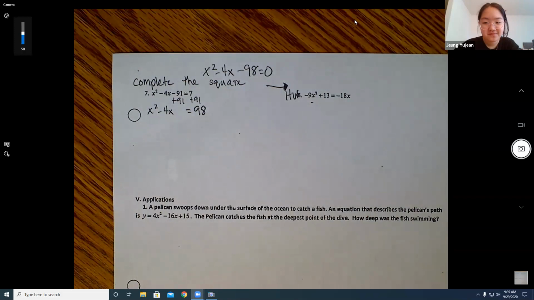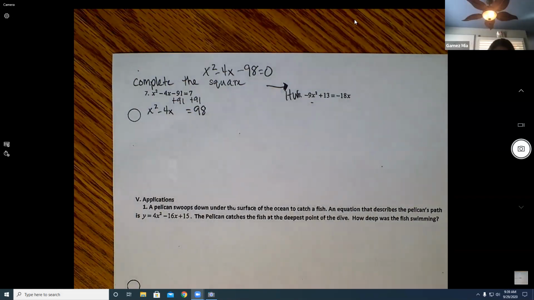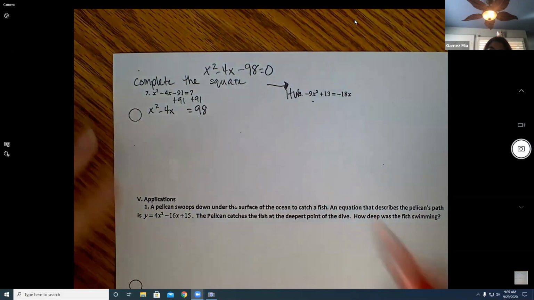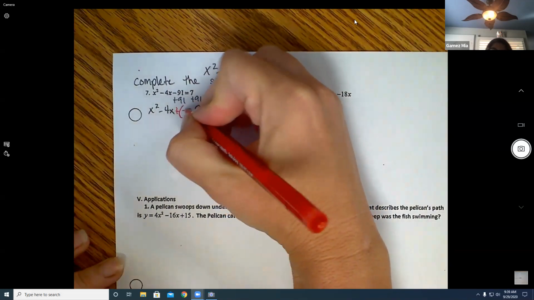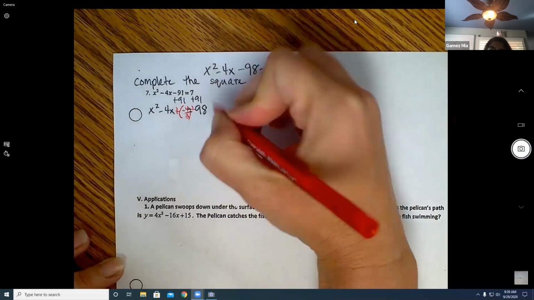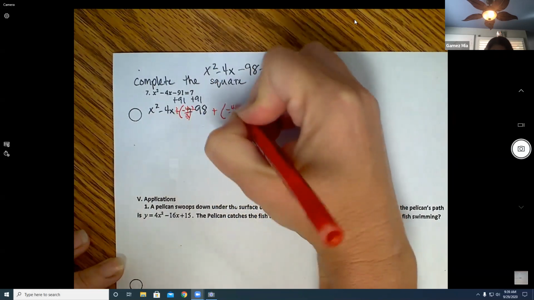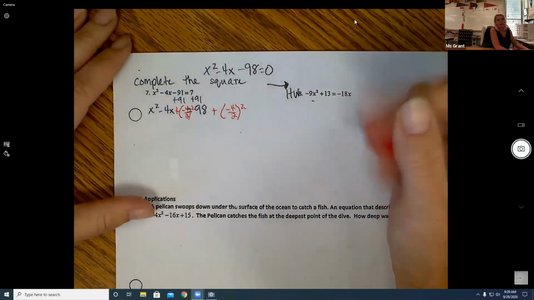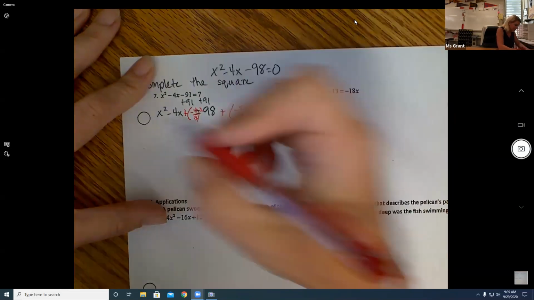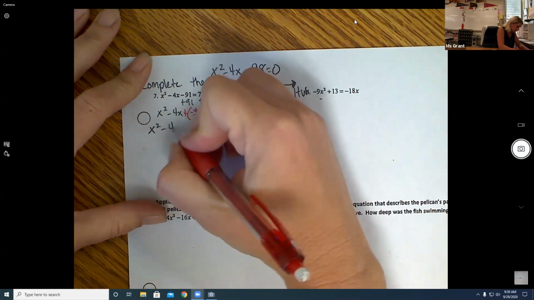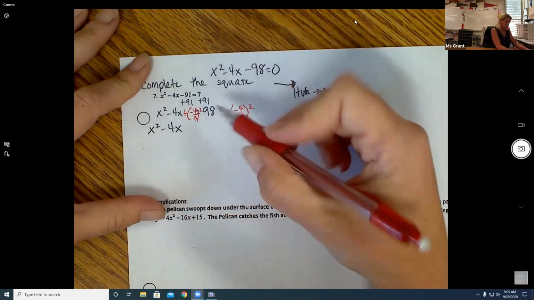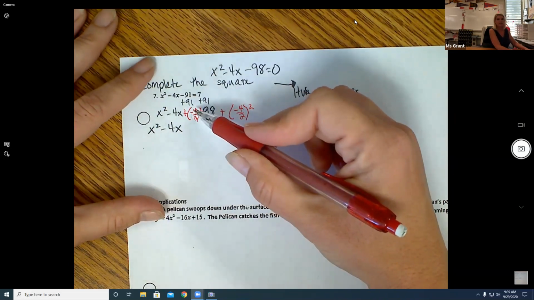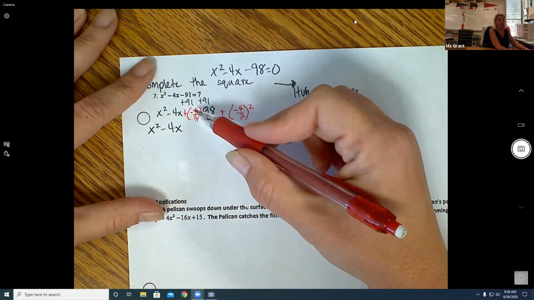Mia, go ahead. You want to volunteer? Yeah, you would add -4/2 squared to both sides. Perfect. That's -2 squared, that's a 4. Now remember, -2, this number right here, -4/2 reduces to -2. That's going to be the number in my factored parentheses.